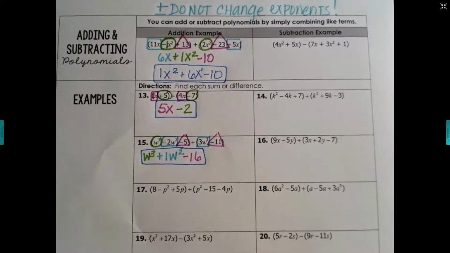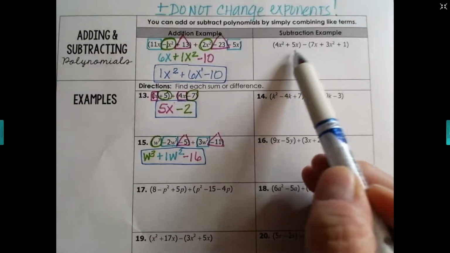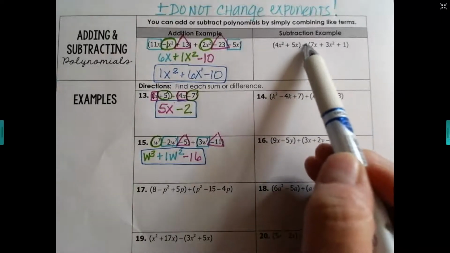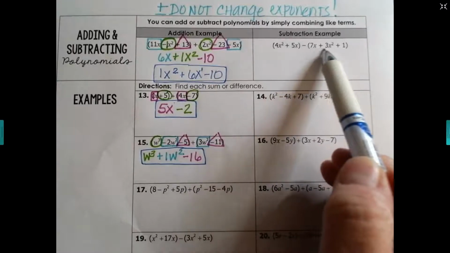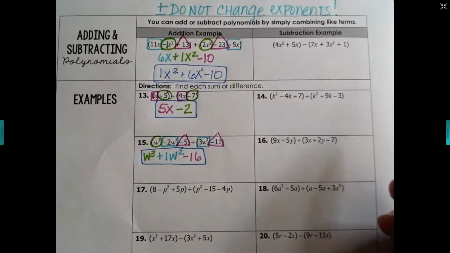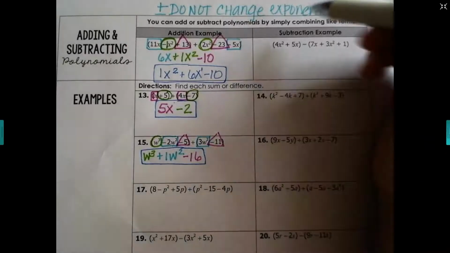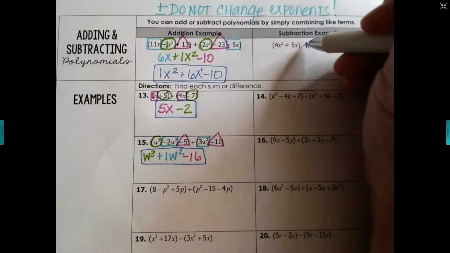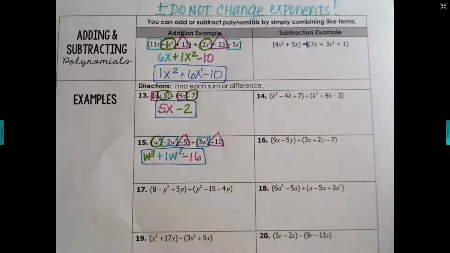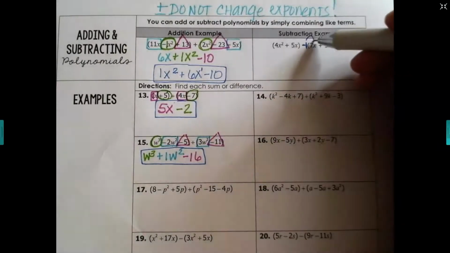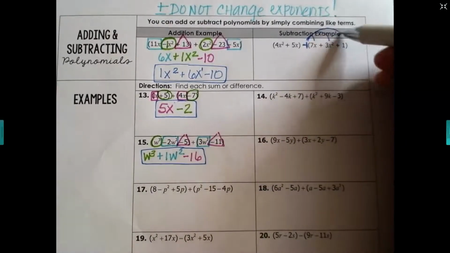Subtraction, we have to remember to do one thing before we get started. When we have a subtraction sign between the two parentheses, it means this subtraction is applied to everything in the parenthesis that follows it. You have to distribute, because really what it's saying is there's a -1 right here that has to multiply to everything inside the parentheses after it.